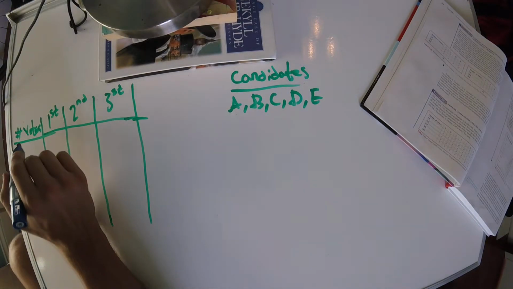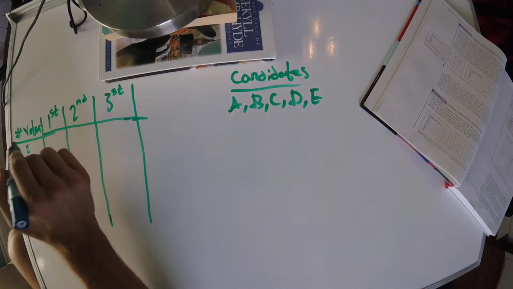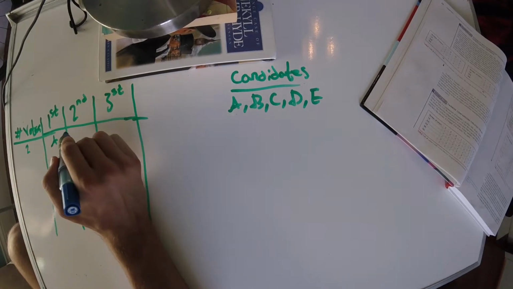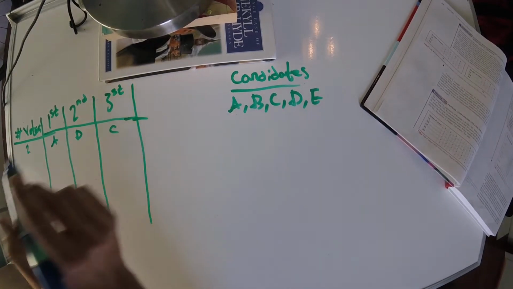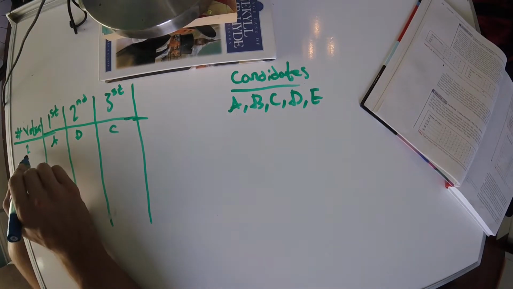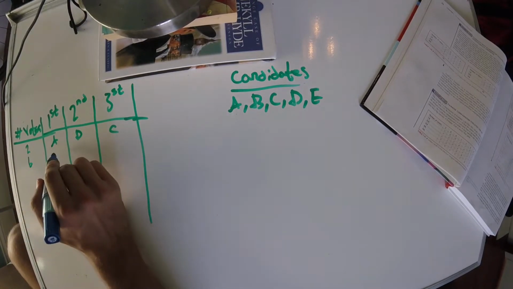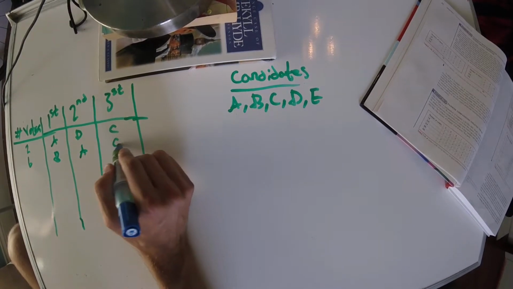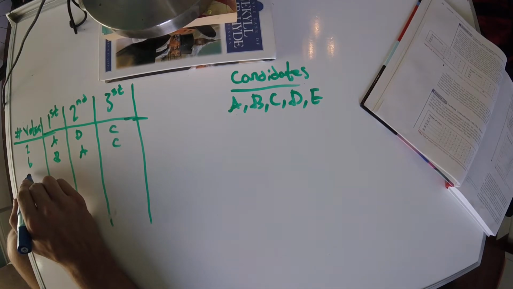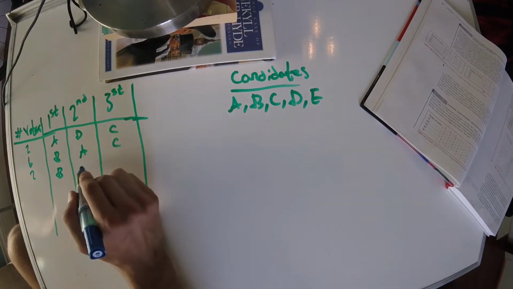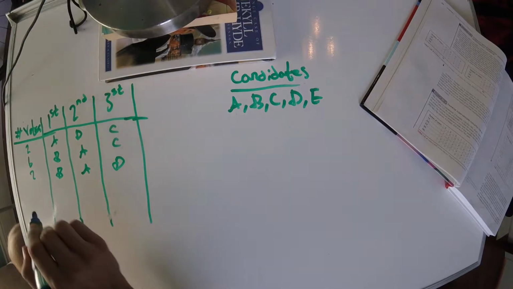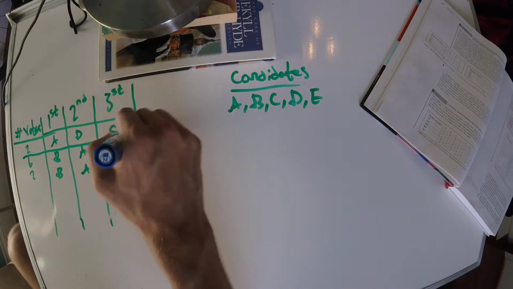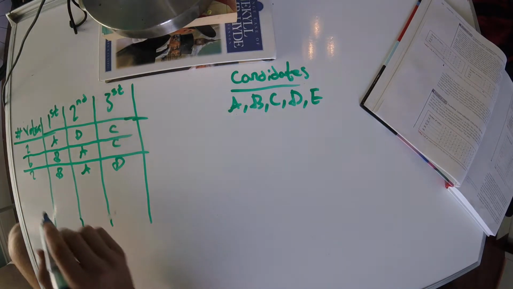So first of all, we'll take two voters who had A, D, C as their order, and we have 6 who have B, A, C, and then 2 who have B, A, D, and then we should probably be separating these so that we don't get too confused.